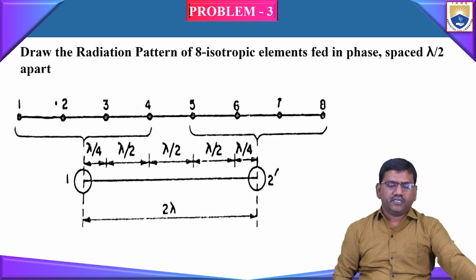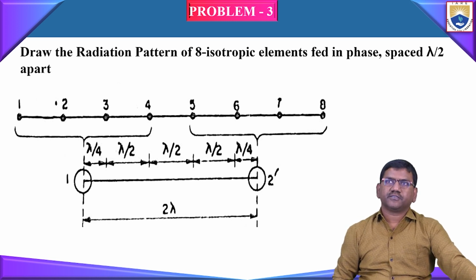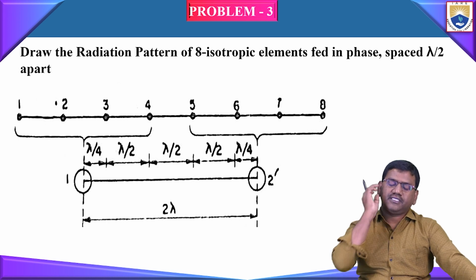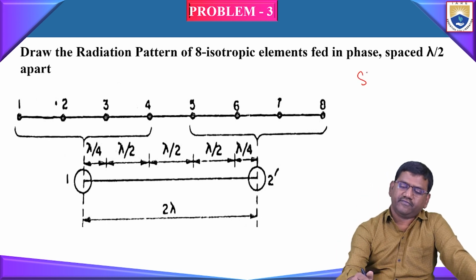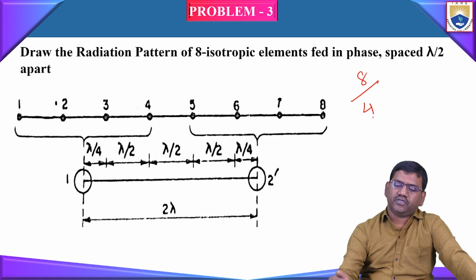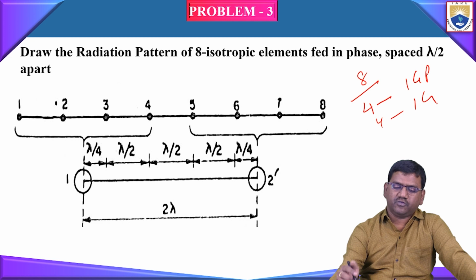Similarly, you can draw the radiation pattern of 8 isotropic elements fed in phase, spaced lambda by 2 apart, as above. So here, for 8 elements, we are going to consider 4 elements as one group pattern and 4 elements as another group pattern.